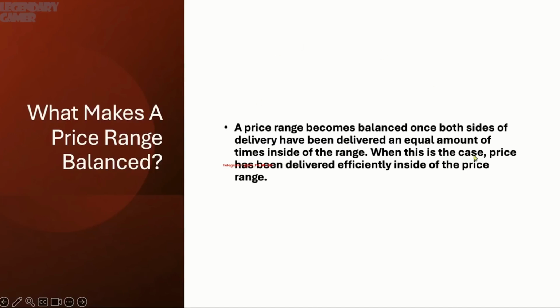When this is the case, price has been delivered efficiently inside of the price range. I don't care how many times you need to re-listen to that in order for it to click, but do it if it's not clear to you yet. Because this sentence right here is literally how the market moves. It's all about balancing out imbalanced price ranges and drawing towards equity.